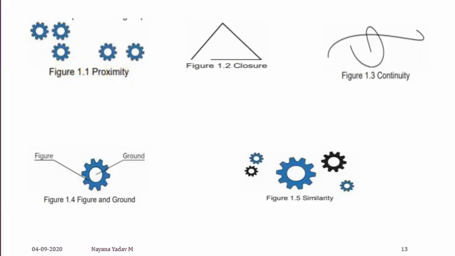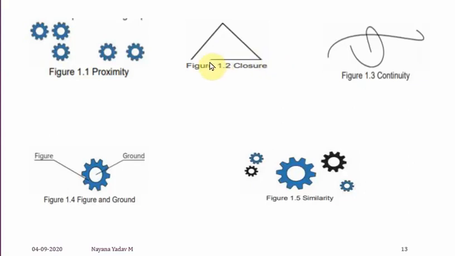Next we had seen was closure. So what we are saying in closure is, if enough of the shape is available. Here you can see two sides of the triangle are given properly, but the third side is half filled.